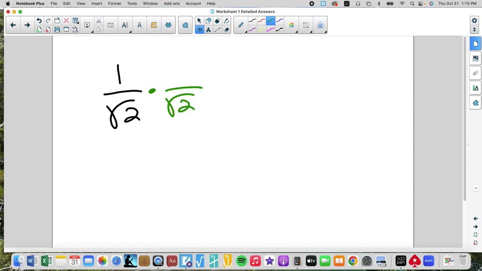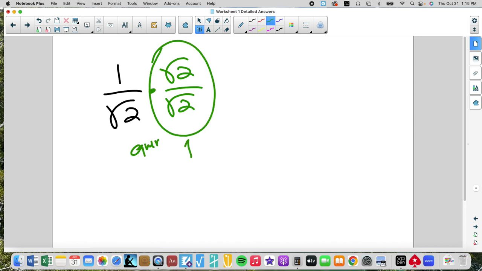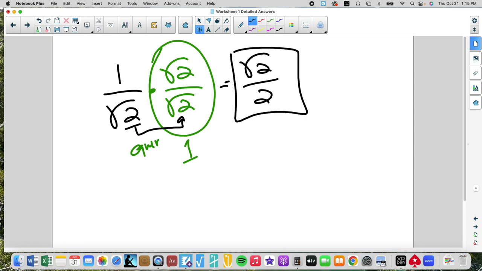And if we want to keep it equivalent, I have to make this a value of 1. So this gives me rad 2 over 2, because any radical times itself comes out. And that is it. You can't simplify the 2's because the denominator is outside the radical and the one in the numerator is inside the radical.